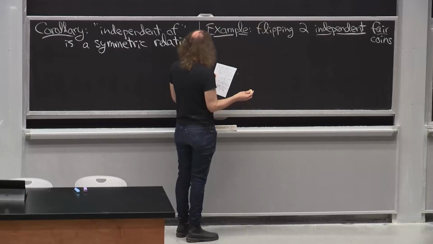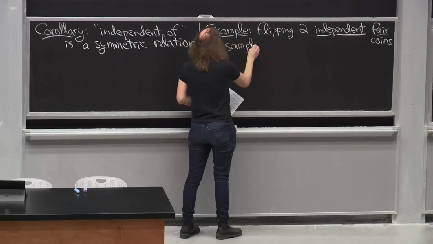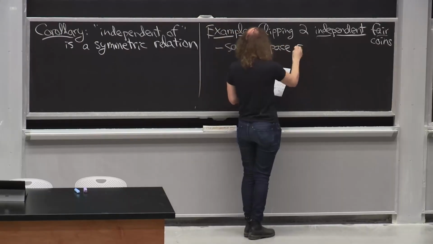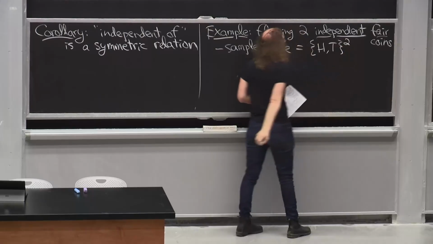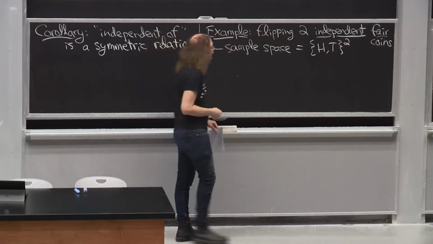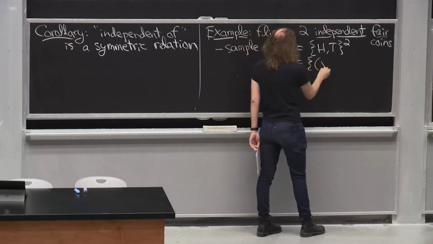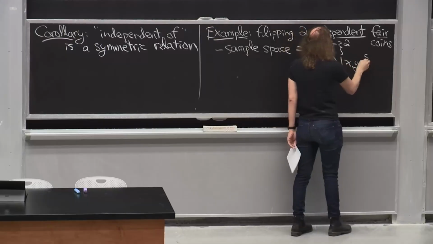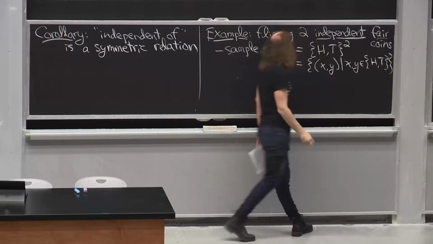That means that they come out 50% heads, 50% tails. So the sample space is heads and tails squared. So heads and tails cross heads and tails. The set of pairs, heads, tails, or x, y, where x and y are in H or T. I forget whether we've squared sets before, but that's the meaning.